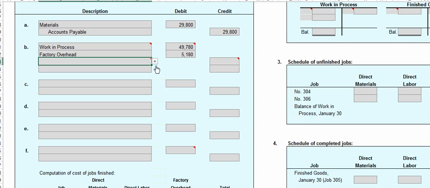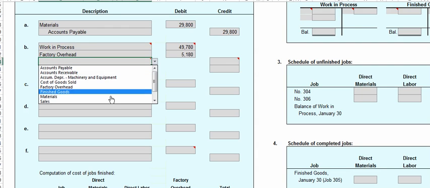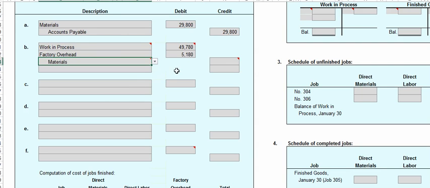Okay, now for materials, well, the materials moved out of the materials account and into work in process or factory overhead. So we want to credit materials, the asset inventory account, for everything in the materials column.